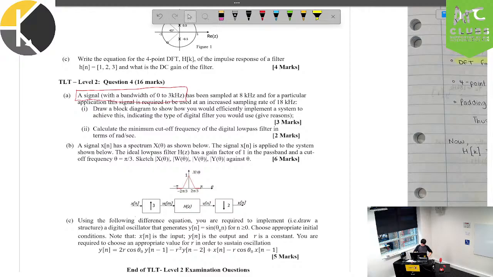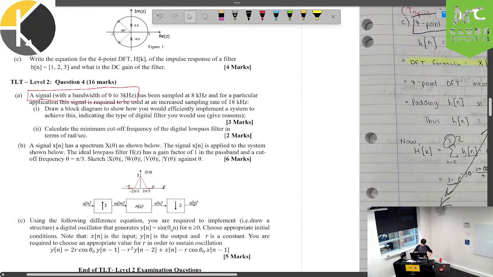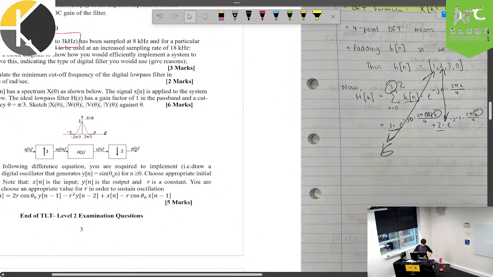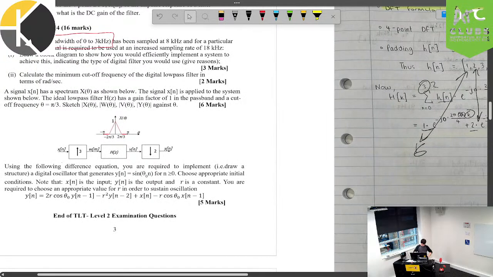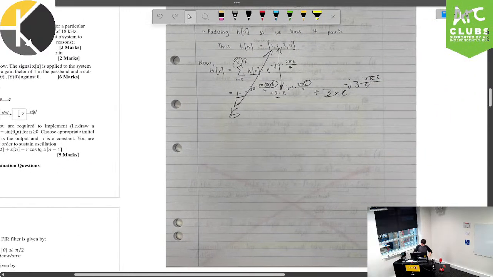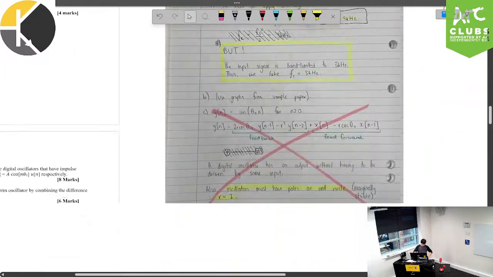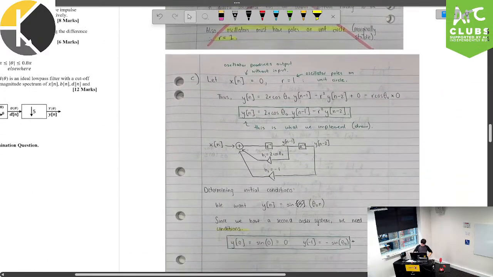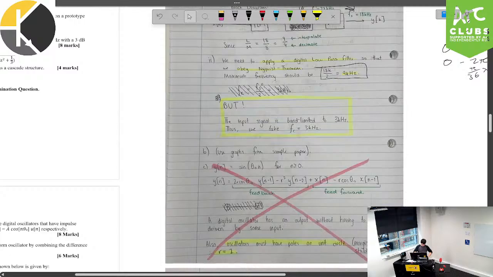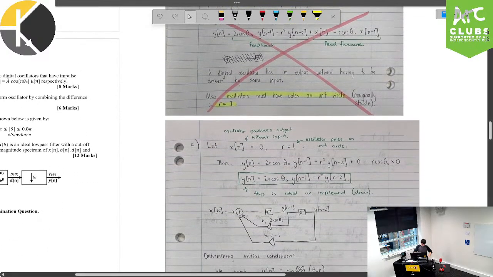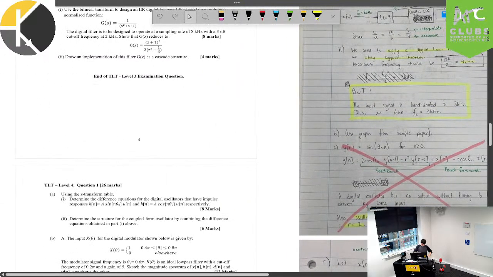So, first things first, we already have magnitude spectrum of x theta. We're going to upsample it to see what happens, and then we're going to move forwards. So, let's not skip ahead too far. Hold up. I might be a little blind.